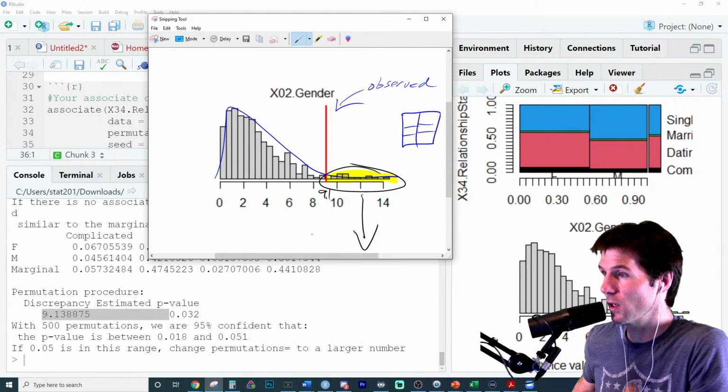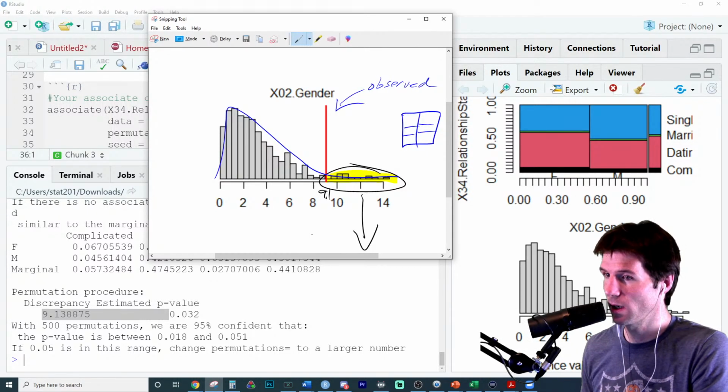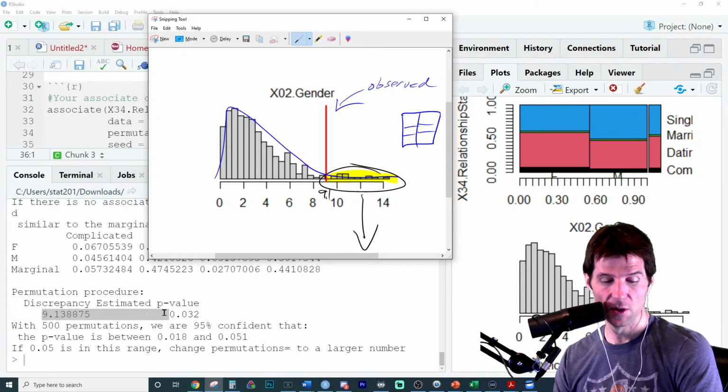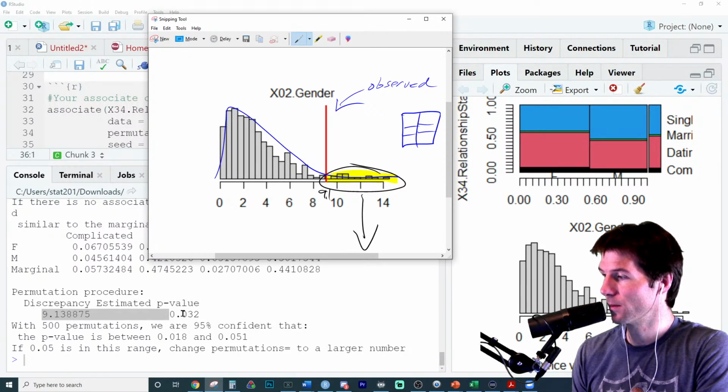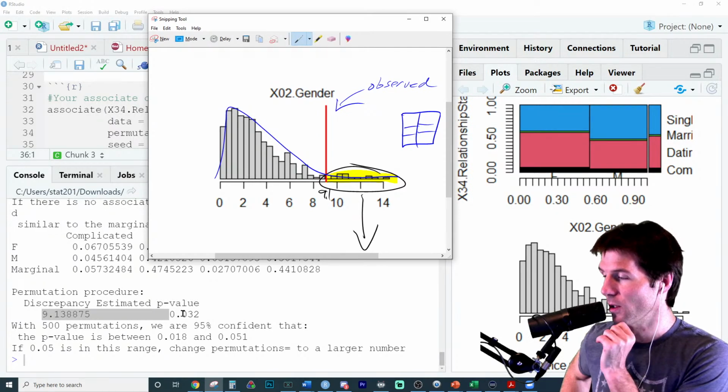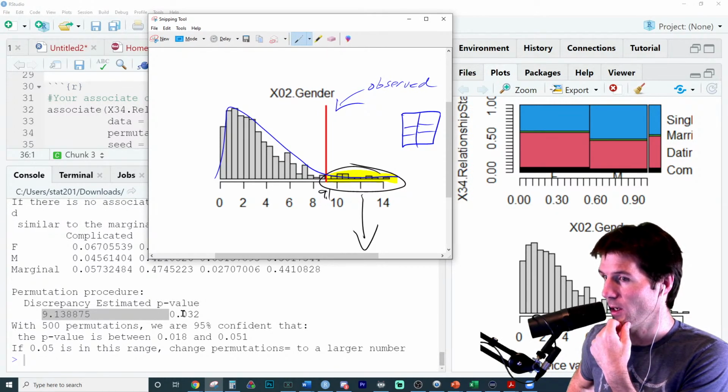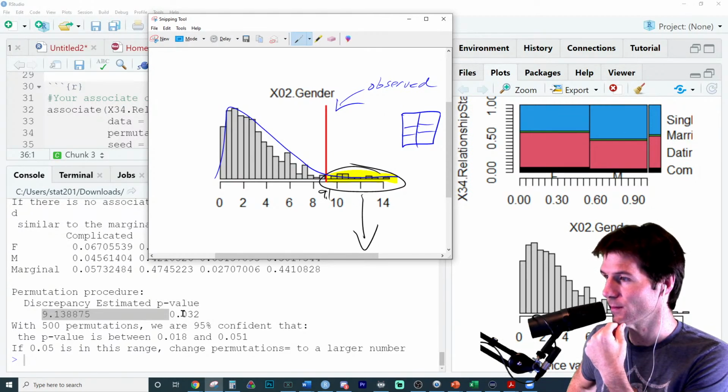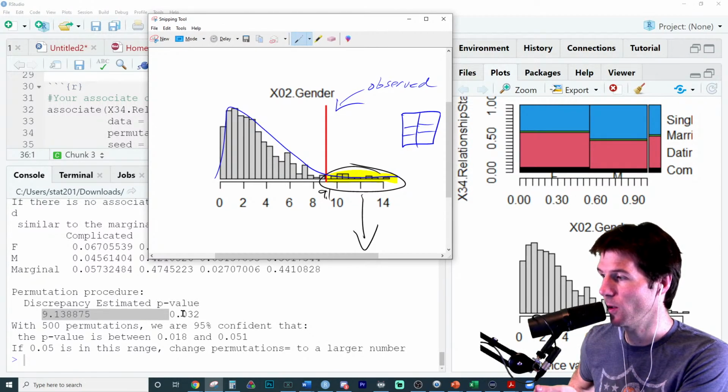That would make those highlighted results the what? The goal of the permutation procedure is to estimate our what?